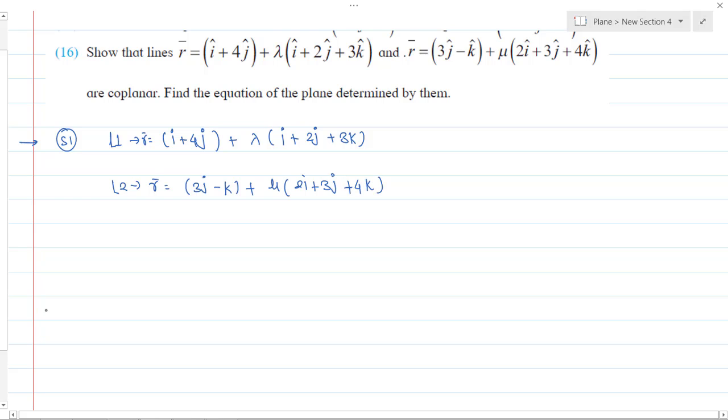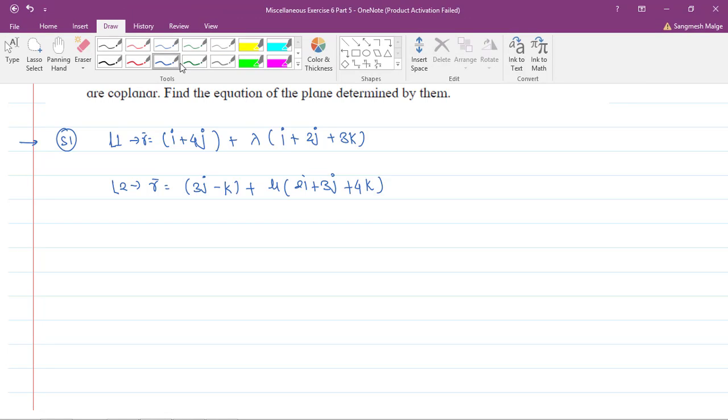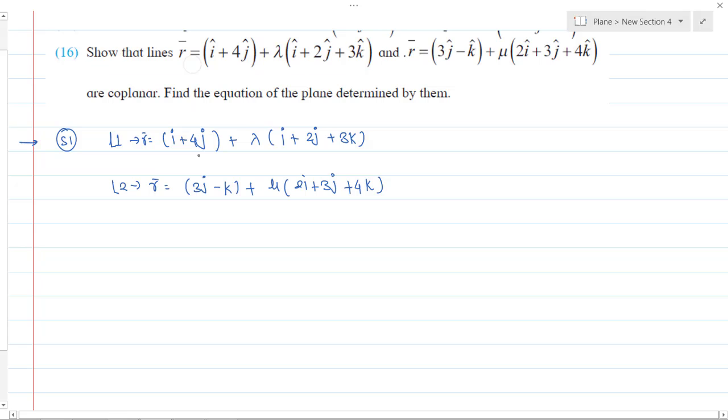If I compare this with the standard equation, the first part is always a bar. Let's name these a1 bar and b1 bar, and a2 bar and b2 bar.